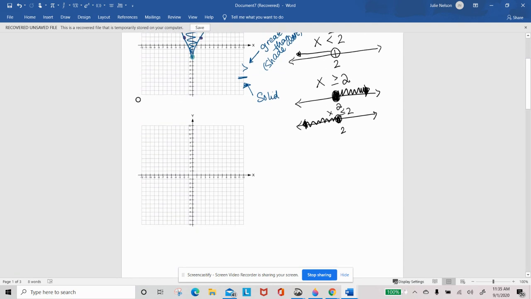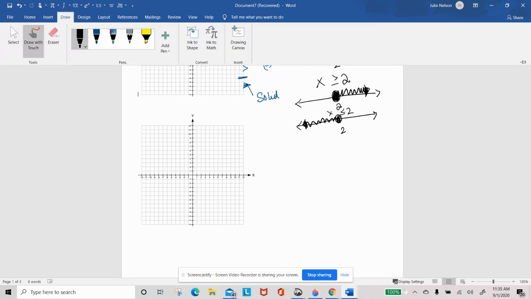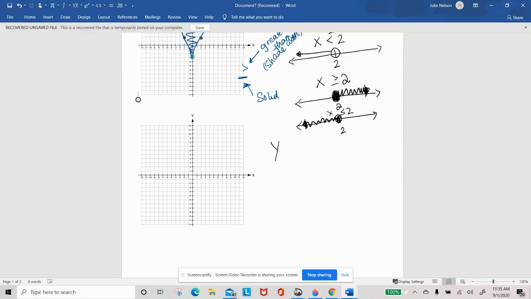So let's try it again. I'm using a different writing tool, so we're checking it out. So y is less than -2 minus 1/3 times the absolute value of 9x minus 18.